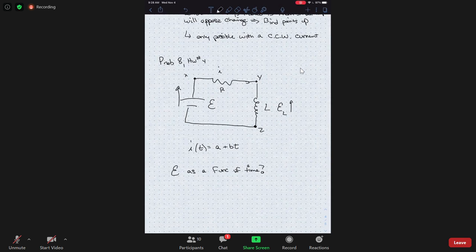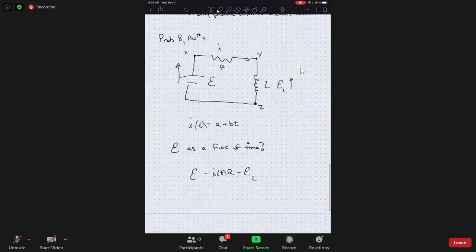So we know that, just by applying the loop rule, you can pick, I guess that's why they have X, Y, and Z. You can pick any point and apply the loop rule. I'm just going to start from the point Z and then work clockwise. So we have E minus I of T R, and then minus EL. And so Faraday's law tells us another expression for the back EMF of an inductor.